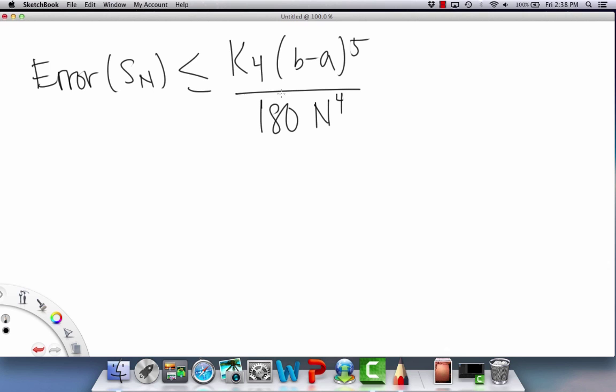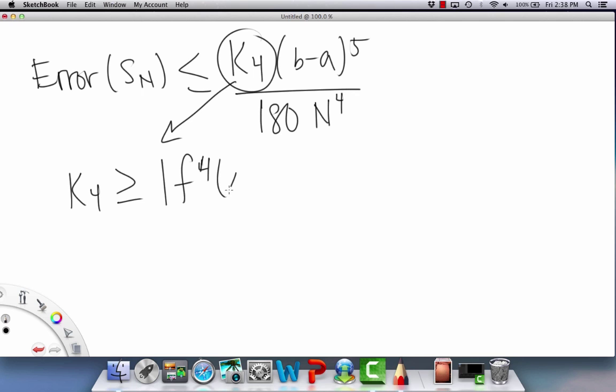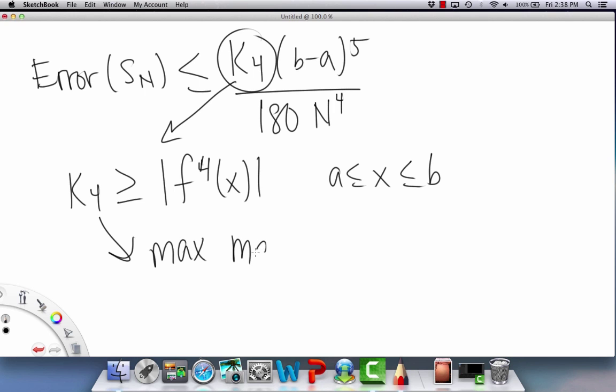K4, because K2 meant we were dealing with the second derivative, is actually going to be your maximum value of the 4th derivative on the interval from x goes from a to b. So this is basically the max magnitude, which just means it disregards the sign, of your 4th derivative.